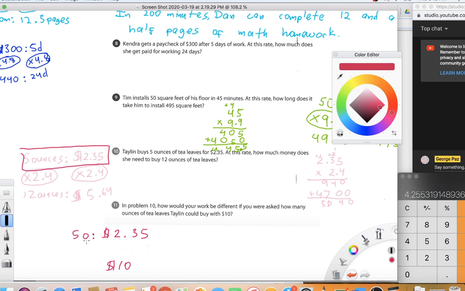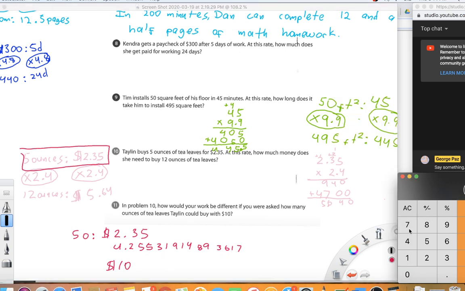So that means that if we multiply 2.35 times 4.25531914893617, we should get something close to $10. Let's see. I'm going to use a keyboard for this. Yeah, all right, that works.